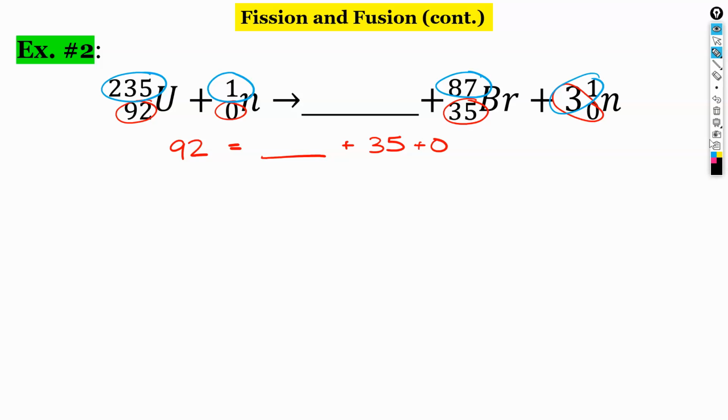So 92 minus 35 gives us 57. And then on the top, 235 plus 1 is 236. That's going to be equal to some number plus 87 plus 3 times 1 is 3. So 236 minus 87 minus 3 leaves us with 146. So if I write that out, we're going to have 146 over 57, and that's going to be La.